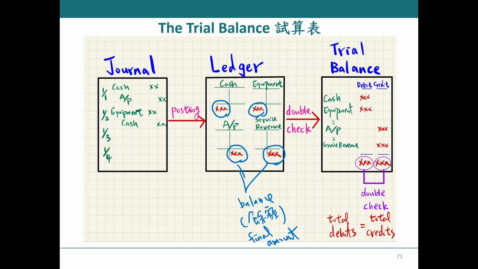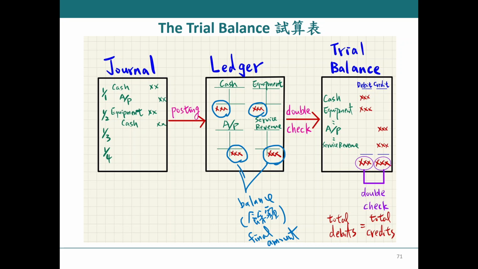Okay? So how? You just copy each account. So like what? Okay, cash. I have a cash. My balance, final amount, is how much on my debit side. And I copy equipment. So my balance, how much on my debit side? How about my accounts payable? So I copy accounts payable to trial balance. My final amount balance, how much on credit side?